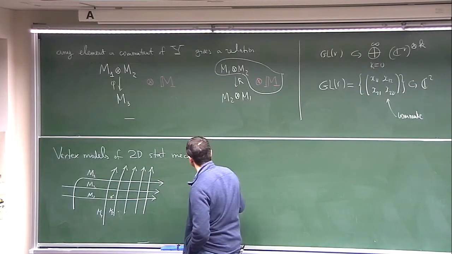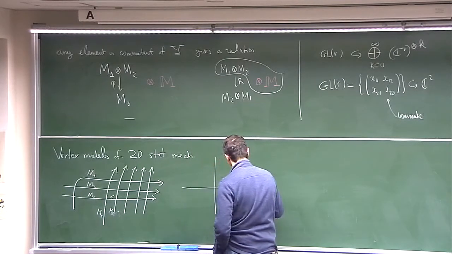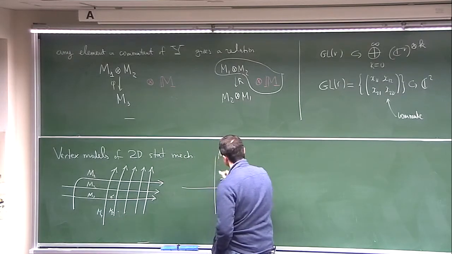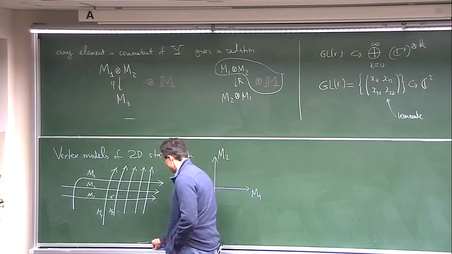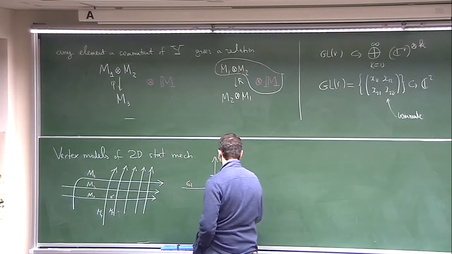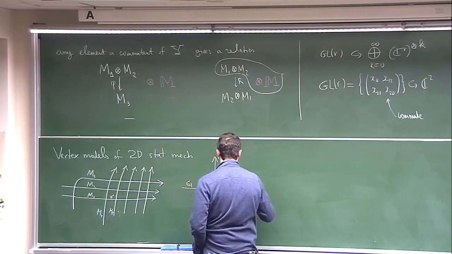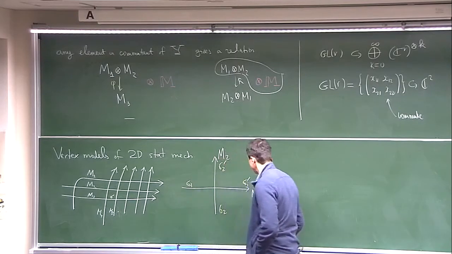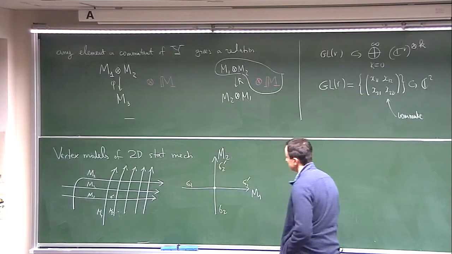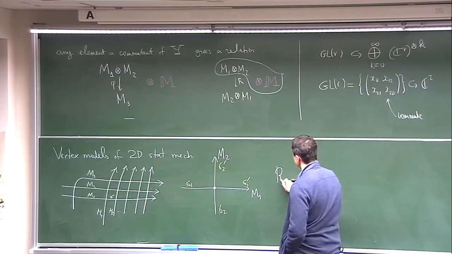They interact via the vertex. So there's M1, M2, and then there is sigma 1, sigma 2, sigma 2 prime, sigma 1 prime, and there is an interaction weight, which is an operator.